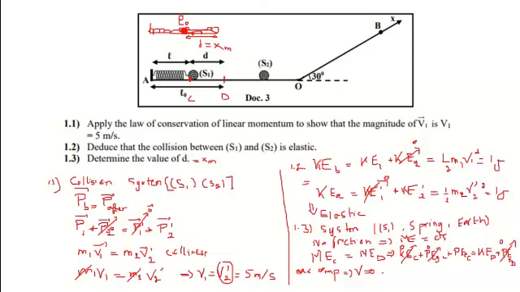So we still have PE at the point C, half K XM squared, equal to KE, half m vD squared. And we already found that vD, the speed of S1 before the collision, is equal to 5 meters per second. So half and half will cancel. And the question is to find XM.